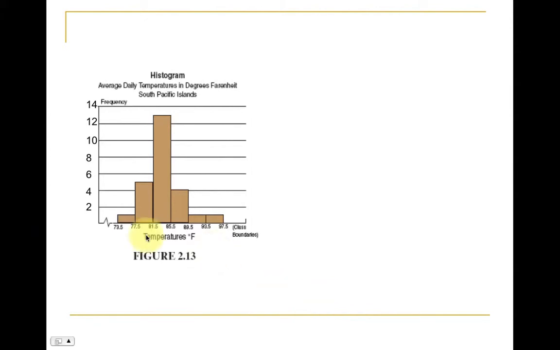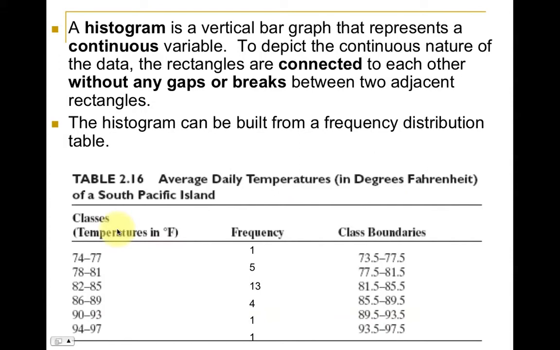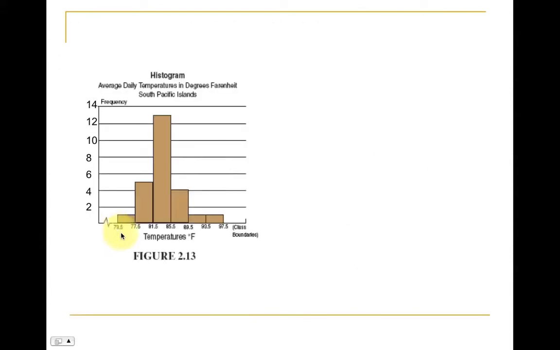Oh, I'm sorry, it's just a little hard to see. That says 73.5. Okay, it's just hard to see. 73.5, 77.5, 81.5, 85.5, 89.5, 93.5, 97.5.